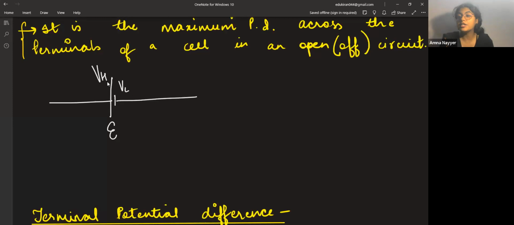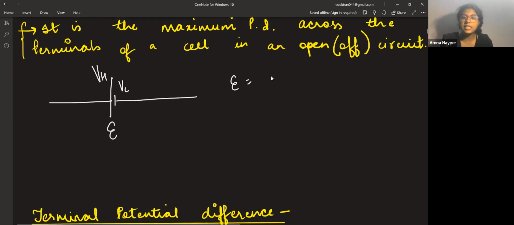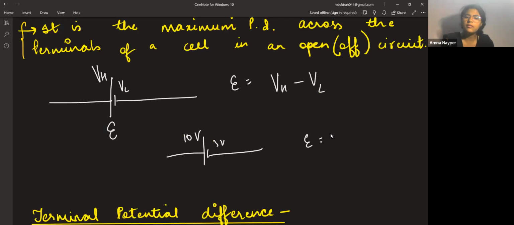So the potential difference being applied is V higher minus V lower. For example, if this is 10 volts and this is 3 volts, and I ask you the value of EMF, you will say 10 minus 3, that is 7 volts. 7 volts is the EMF. This is the difference between the higher one and the lower one.